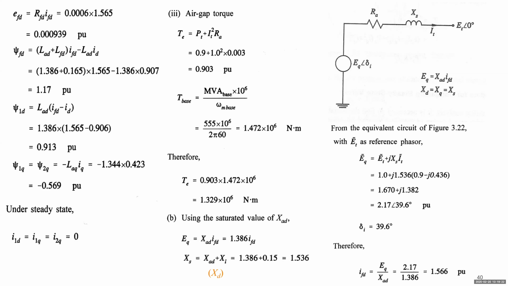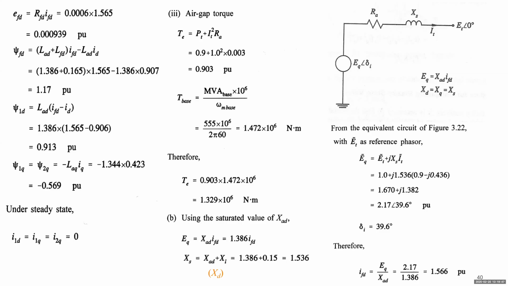The EQ will be equal to the terminal voltage plus voltage drop. And for this case, we ignore resistance. So we get a phasor for this EQ. The number will be the length of the phasor, and the angle will be basically just delta I, because delta I is actually the angle of the EQ relative to terminal voltage.